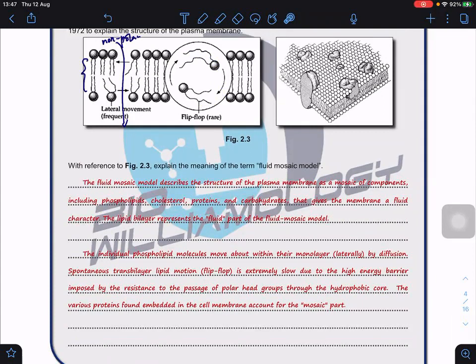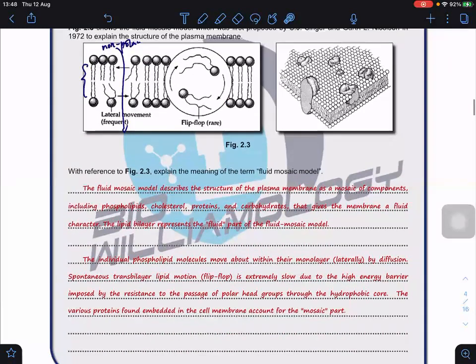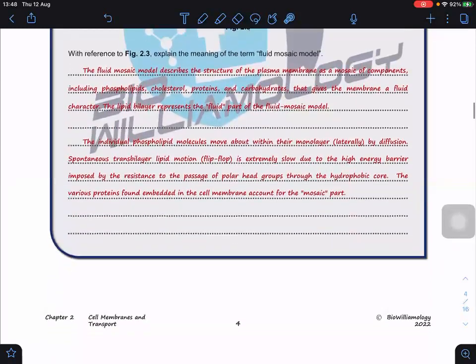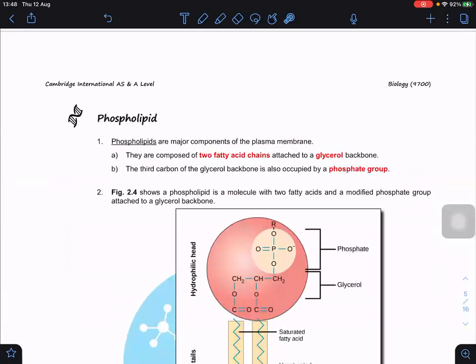The various proteins embedded in the membrane account for the mosaic part of the model. Get the idea of what the fluid mosaic model means? So with this, I've done the first part of the lesson.